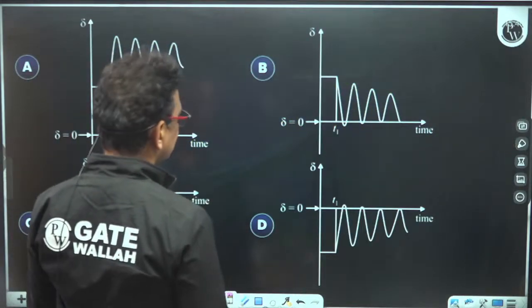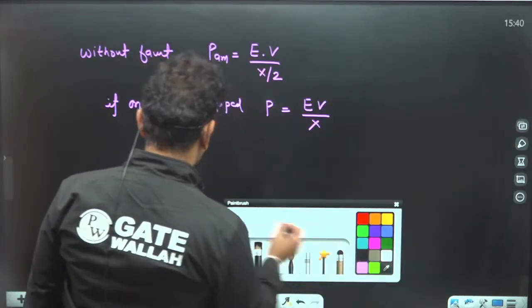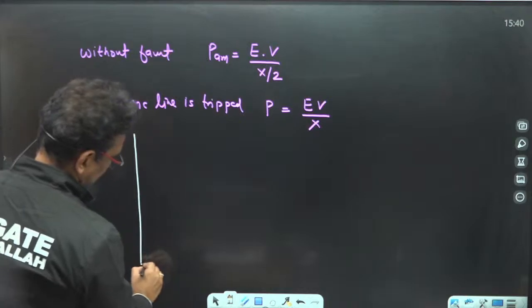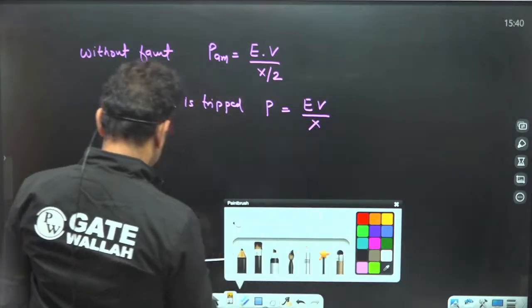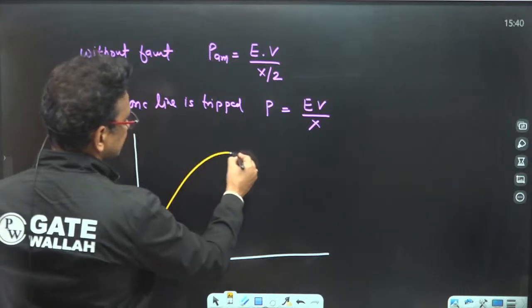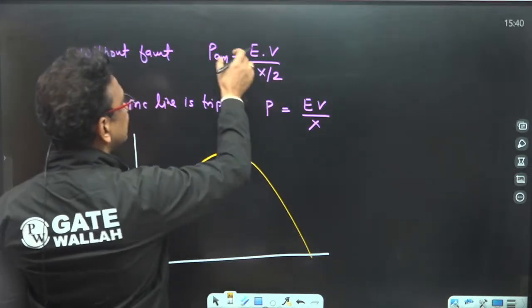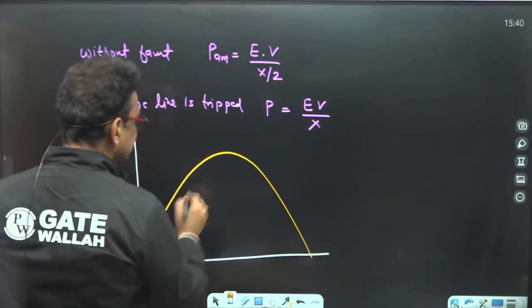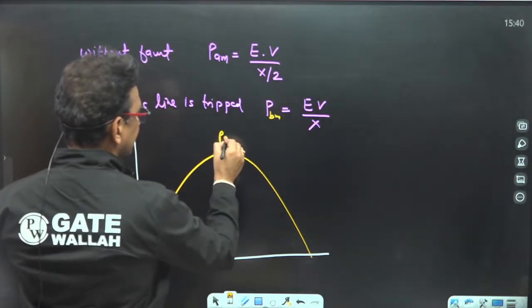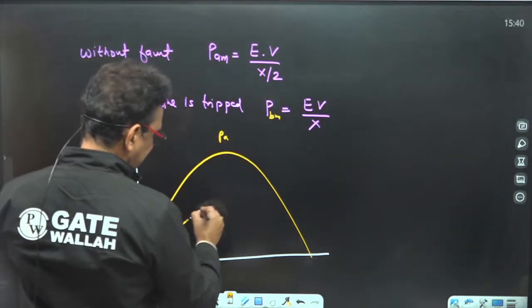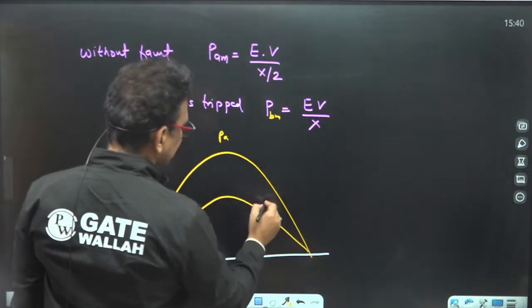So if you draw the power angle characteristic, initially X by 2 is less, so the power will be high. Suppose this is my P_a and this will be my P_b. P_b will be less than P_a.